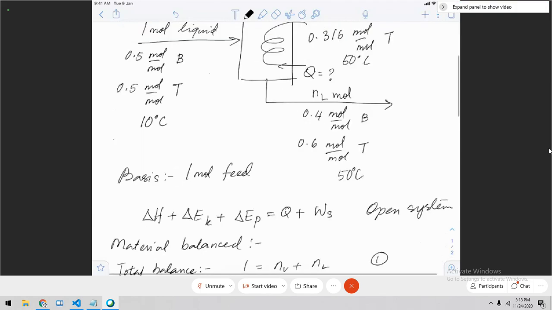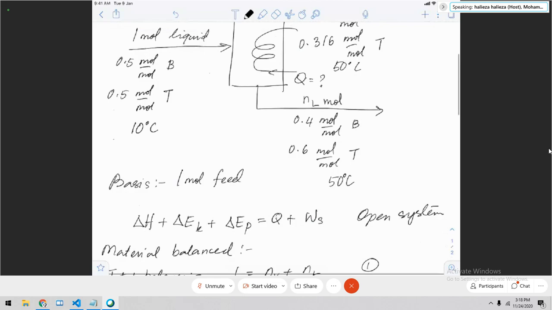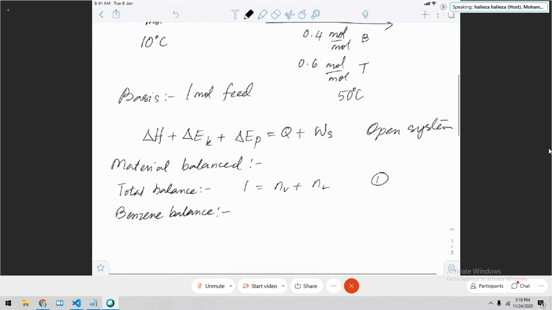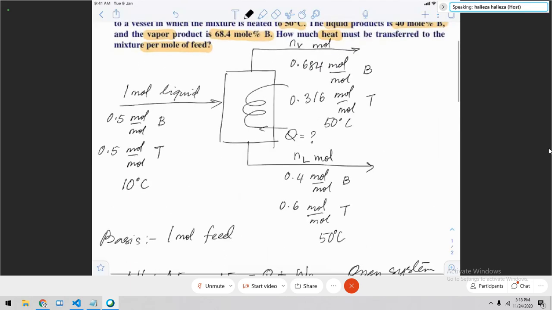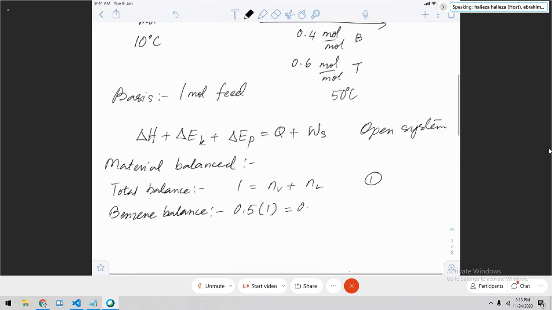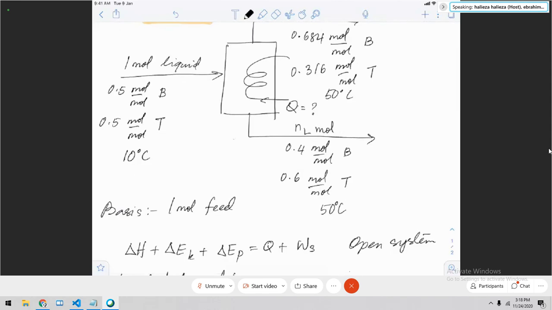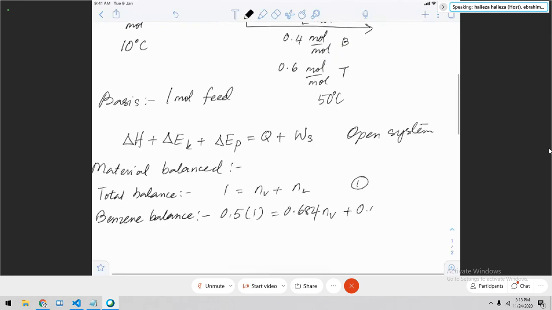What is the balance for input? 0.5, the mole fraction, times 1 of benzene is equal to the mole fraction for the top flow rate, the vapor, 0.684. Okay, thank you. 0.684 times NV, because that's the unknown. And the bottom flow rate, the mole fraction of benzene is 0.4 times NL.